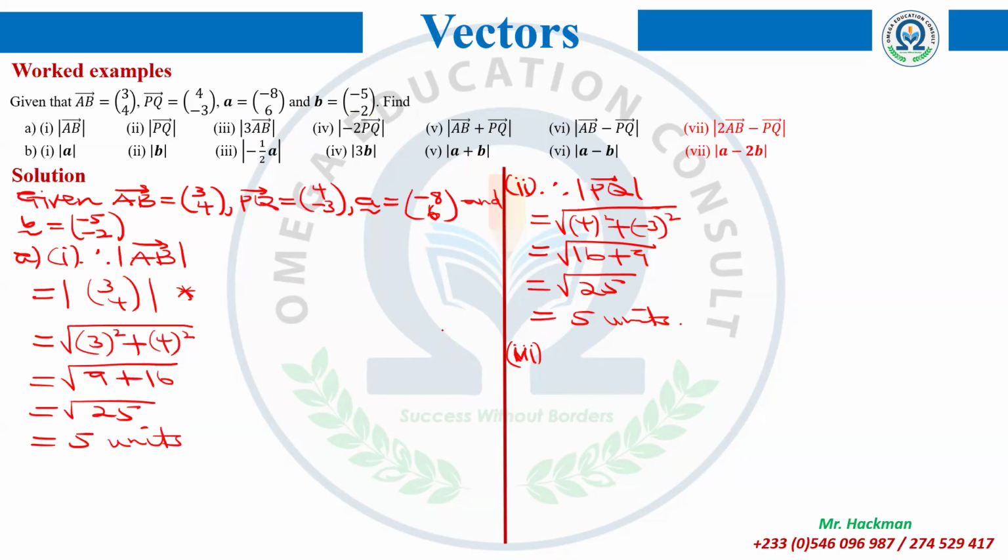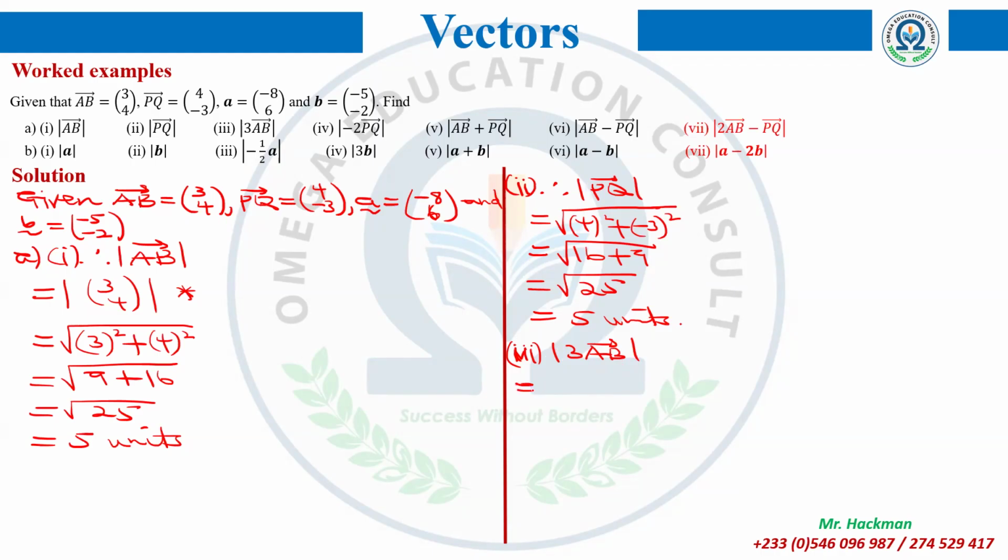If you write the magnitude of vector 3AB, you realize that you don't know the vector 3 times AB directly. So I have to go and find it before I can find its magnitude. Otherwise, this is a way to go, but I will advise you to deal with it in another way.